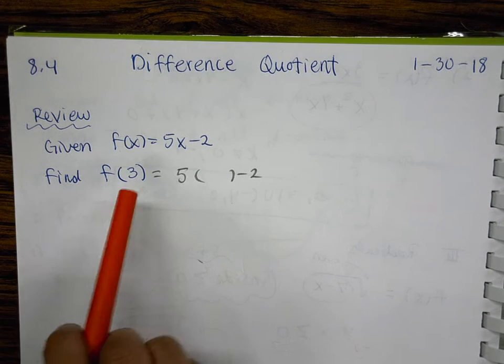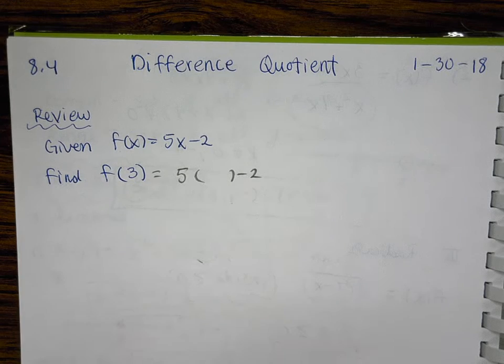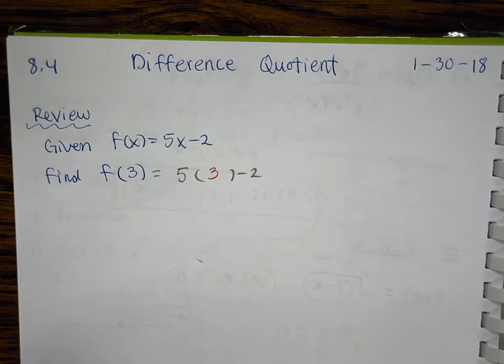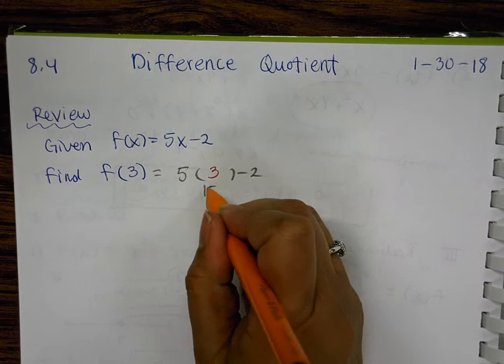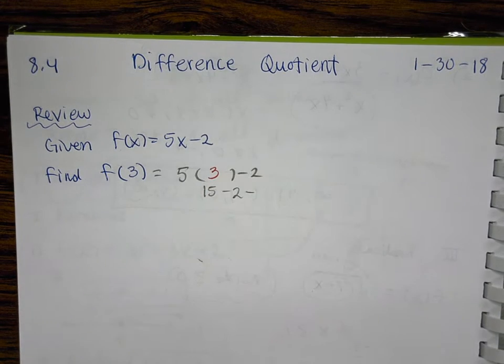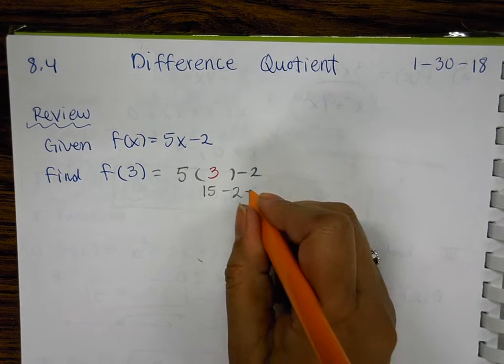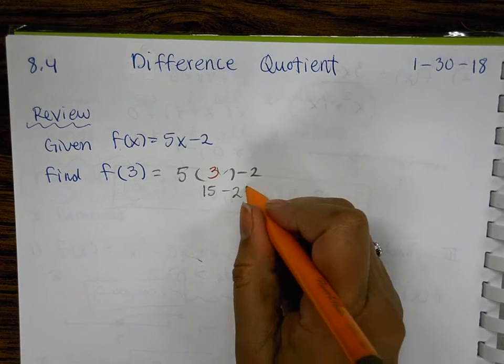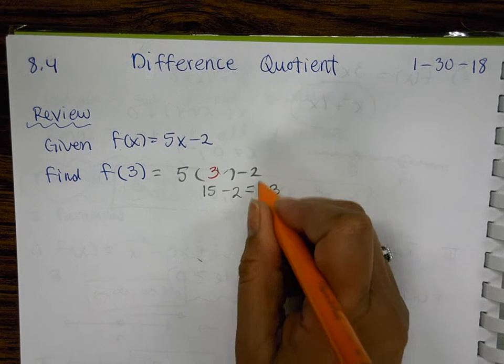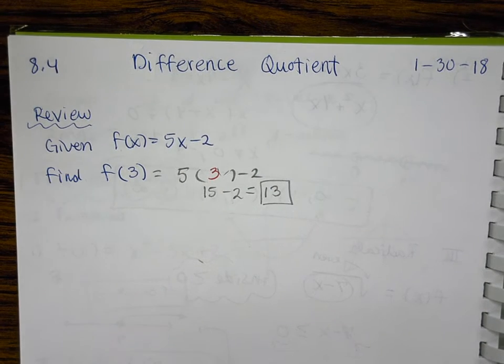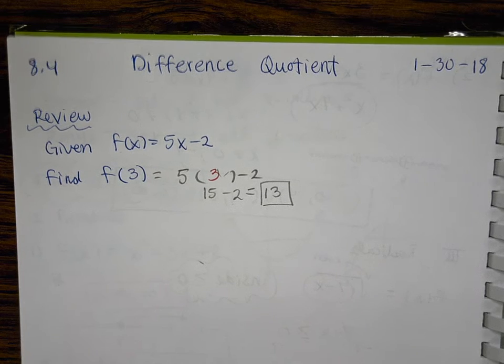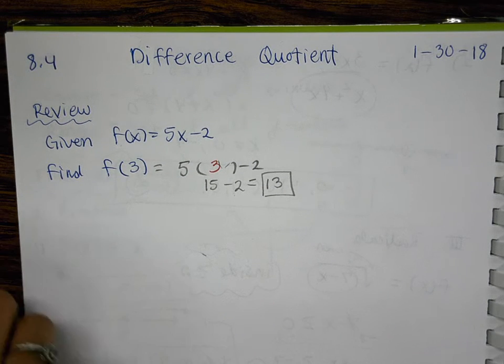According to this, what goes in the blank? 3. 5 times 3 is 15, and 15 minus 2 is 13. All right, yes, I want to see that work. Again, it helps with the harder problems.